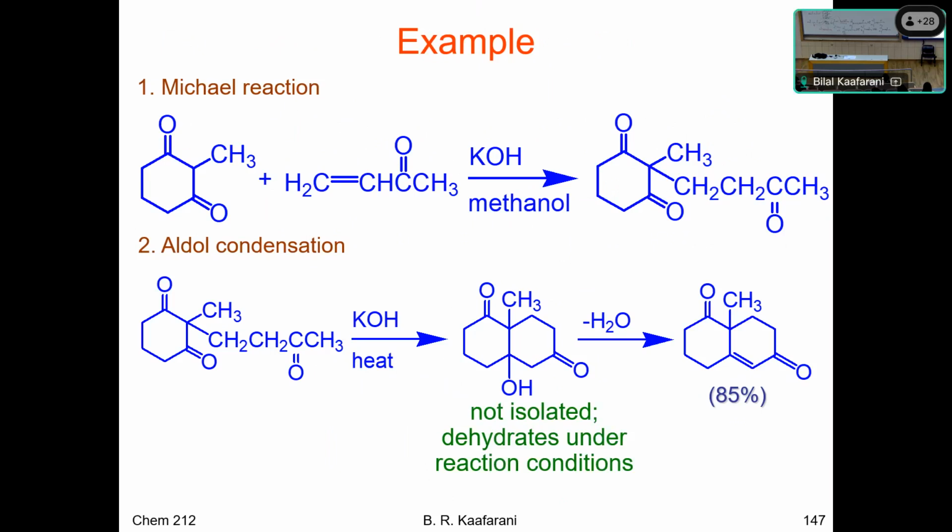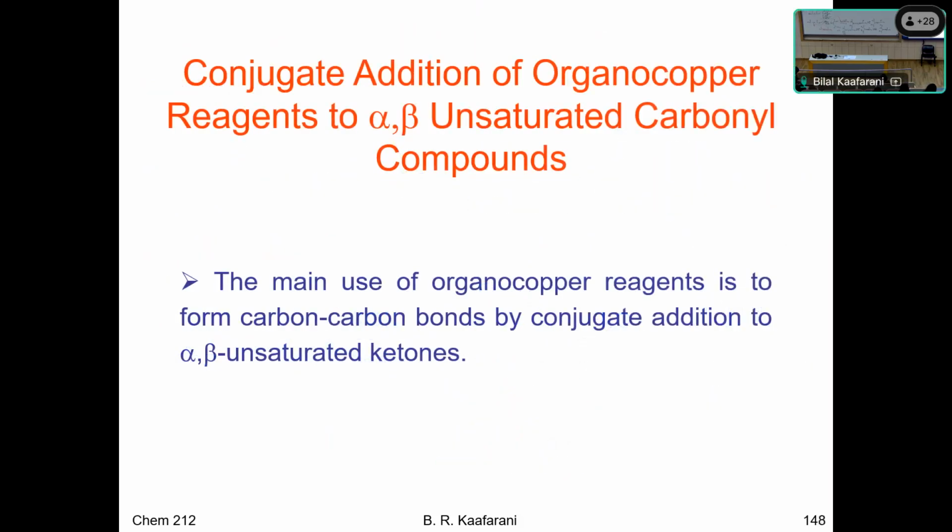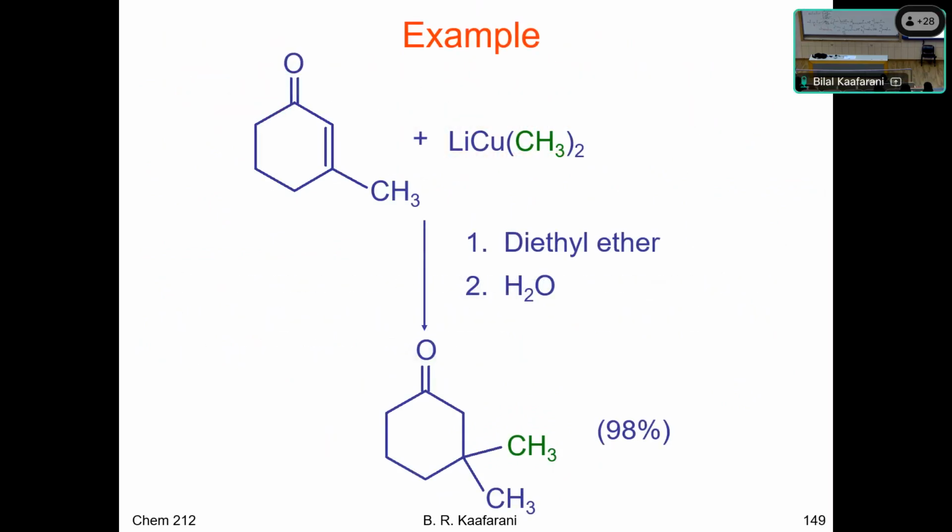You are going to get the C double bond C in conjugation with the carbonyl. Our final reaction is the organocopper reaction with an alpha beta unsaturated system. It will do 1,4 addition. This is because of the size of the dialkyl lithium cuprate.